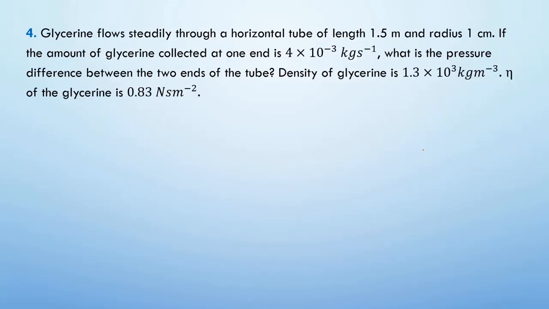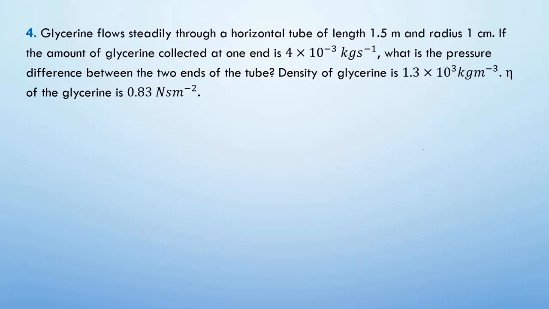Next question. Glycerin flows steadily through a horizontal tube of length 1.5 meter and radius 1 centimeter. If the amount of glycerin collected at one end is 4 into 10 to the power negative 3 kilogram per second, what is the pressure difference between the two ends of the tube?